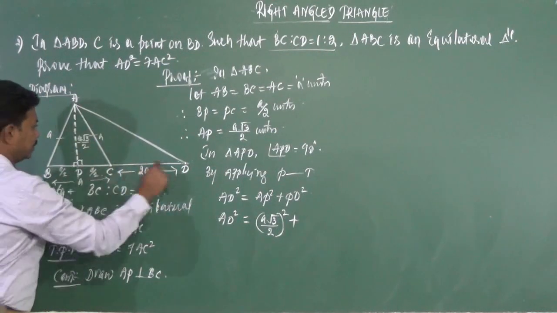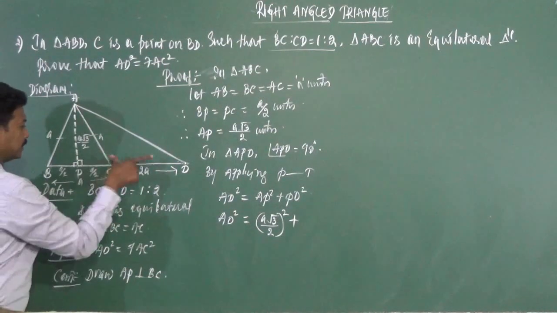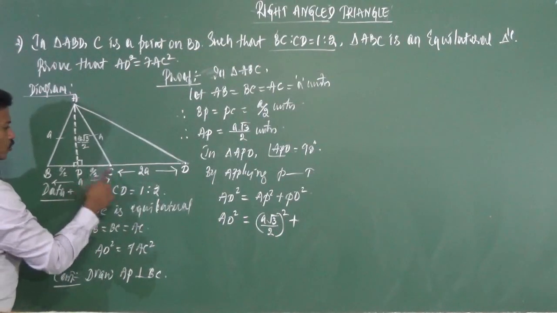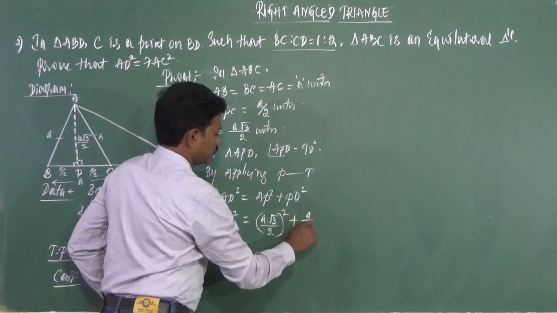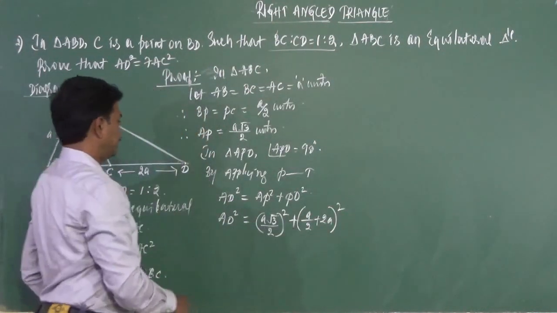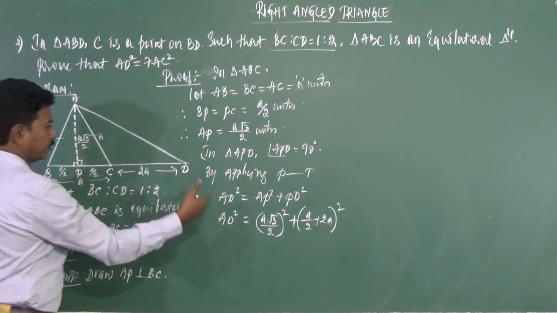In triangle APD we have taken the side PD, therefore it is PC plus CD, the sum of that. So it is A by 2 plus 2A, and PD can be taken as A by 2 plus 2A whole square.